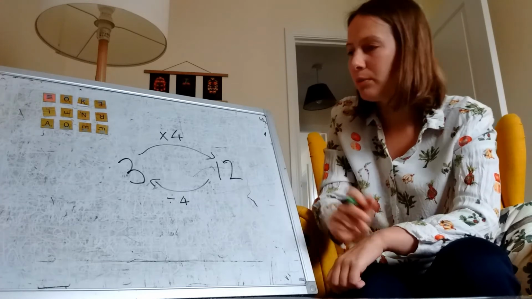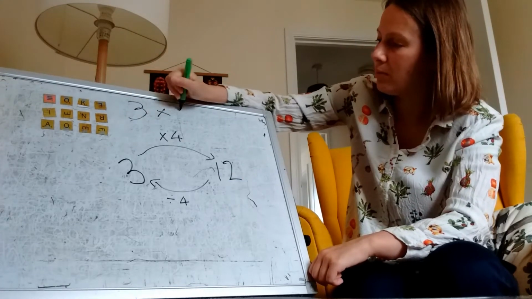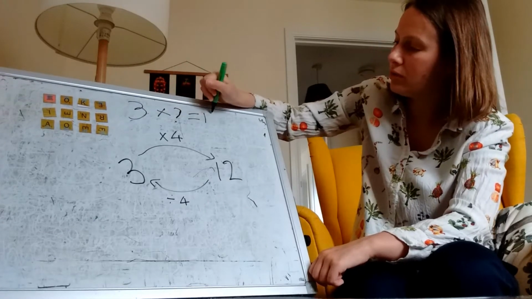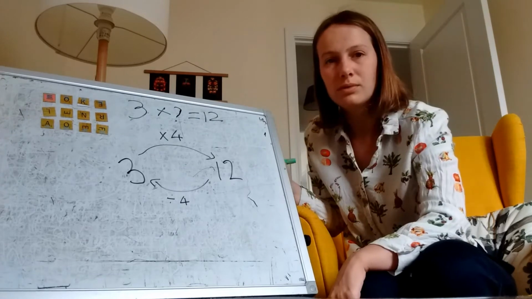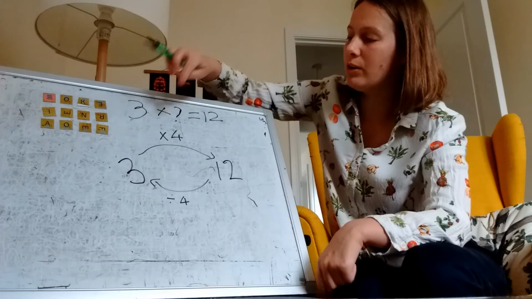So if I have the sum 3 times what equals 12, I know that that's going to be 4. I'll work that out over here. Look, 3 times 4 equals 12.